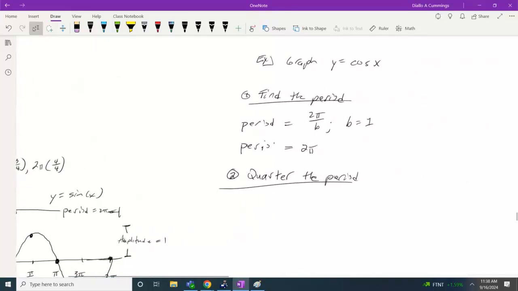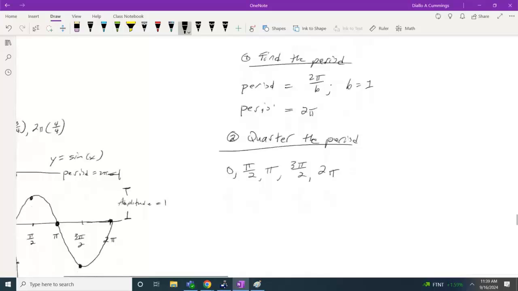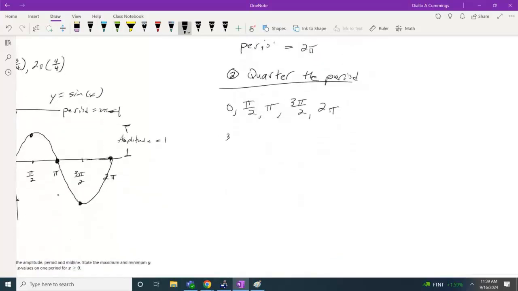So once we quarter the period, we should have 0, pi over 2, pi, 3 pi over 2, and 2 pi. We're going to see a problem in just a minute where the period is something other than 2 pi. All right, so we quarter the period. The next thing we're going to do is evaluate.